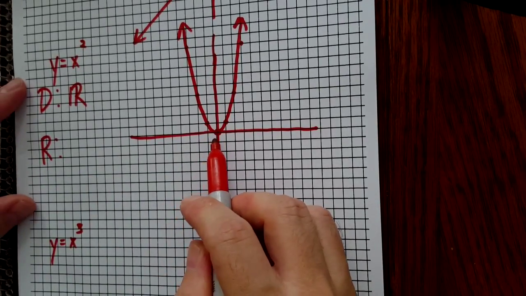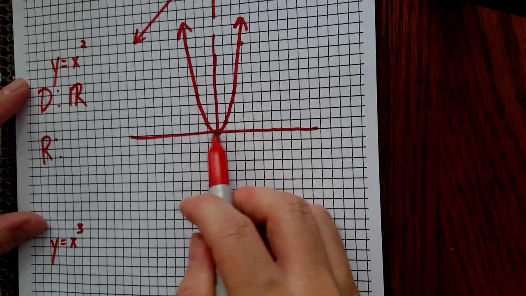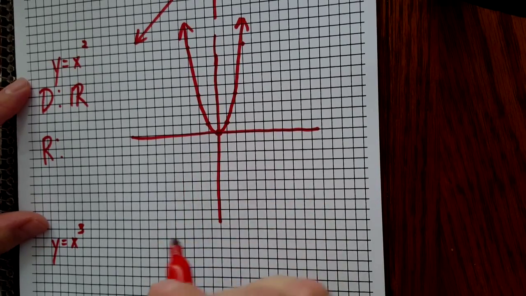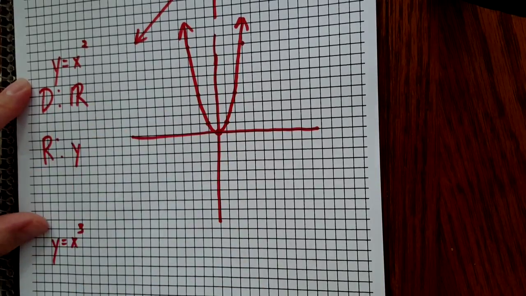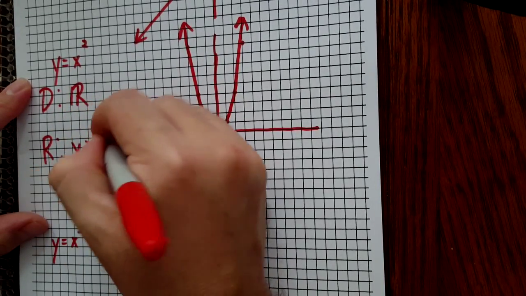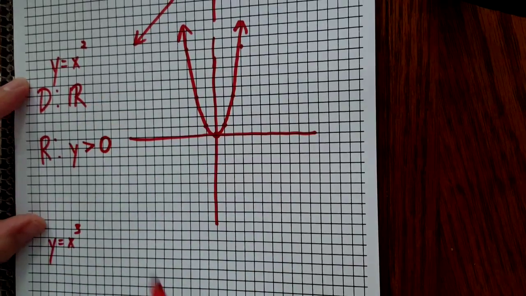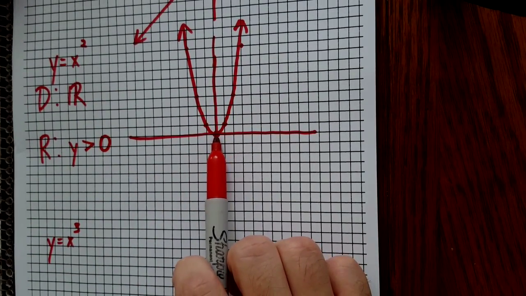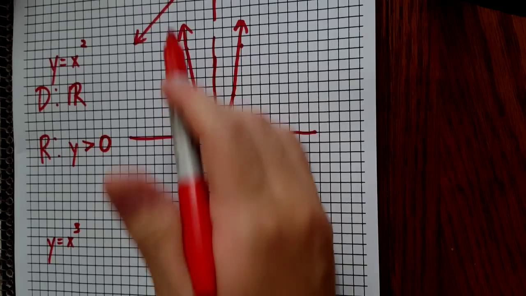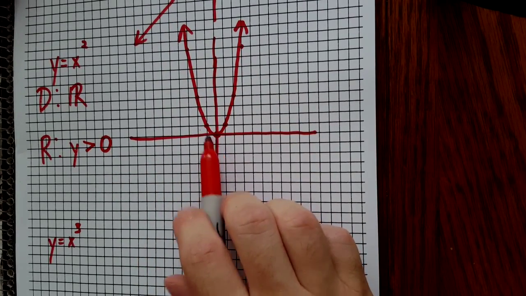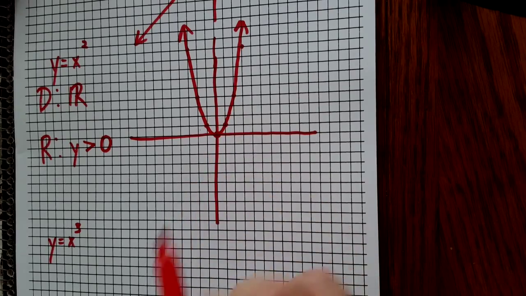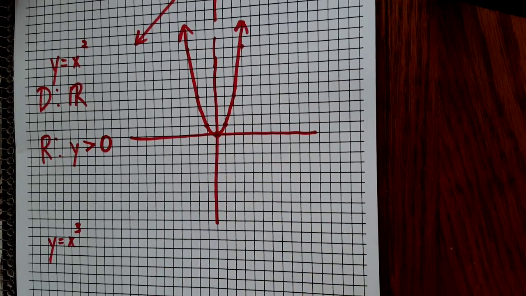So when I write my range, I'm going to use this fact right here to do that. The range is simply all numbers y that are going to be greater than 0. Now, here's the question. Right here at 0, is this function actually defined? Is this a hole, or is the graph completely going through there in a nice smooth way?